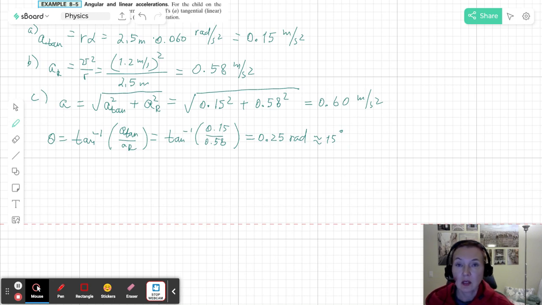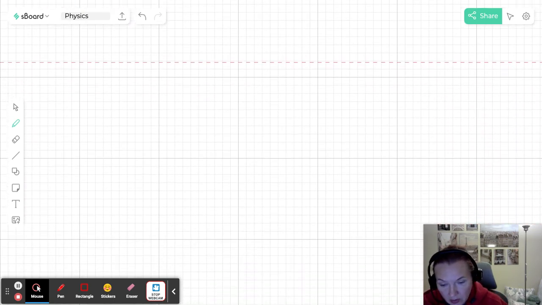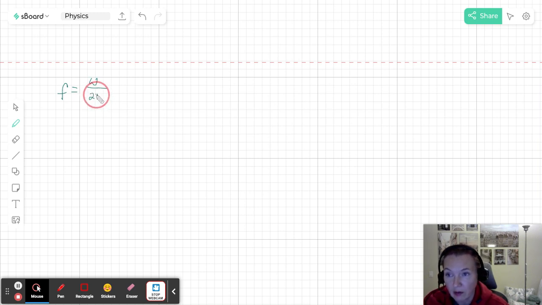Okay, one last thing that we need to discuss is frequency. So remember how when we talked about the circular motion, we described the frequency as 1 over time. So very similarly, here we will see how they're related. Frequency is going to be our angular velocity over 2 pi.